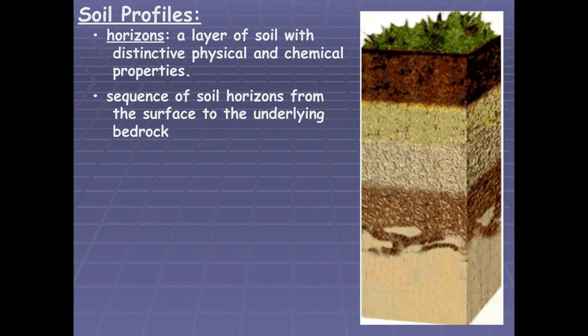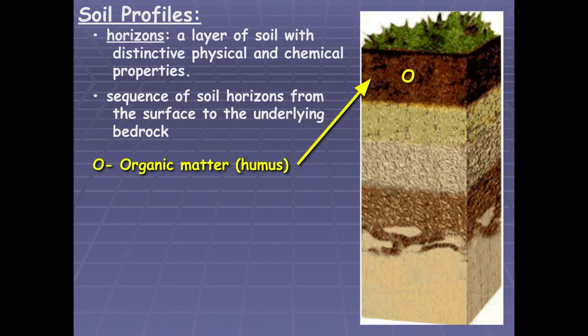So we're going to take a look at what we call a typical classic soil profile. And we're going to be a soil scientist, and we're going to label each one of the horizons and then look at some of their distinctive physical and chemical properties.